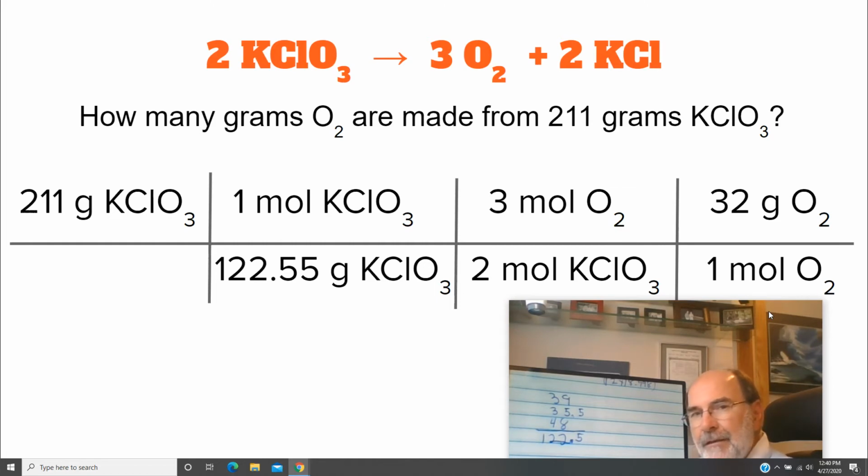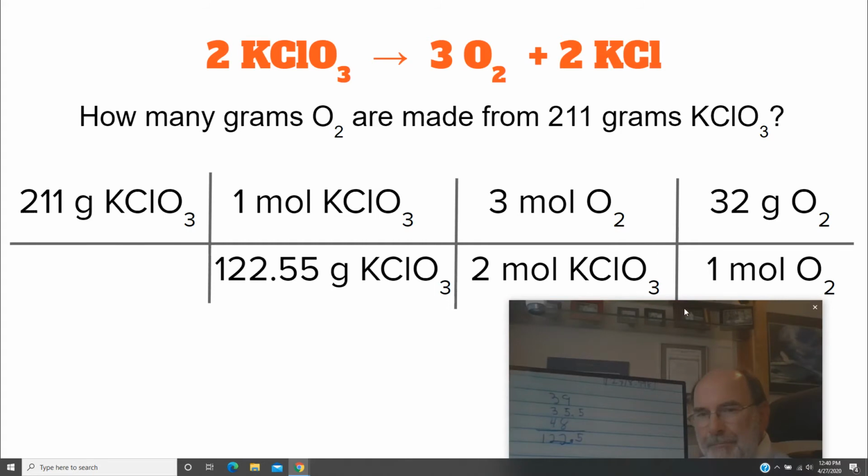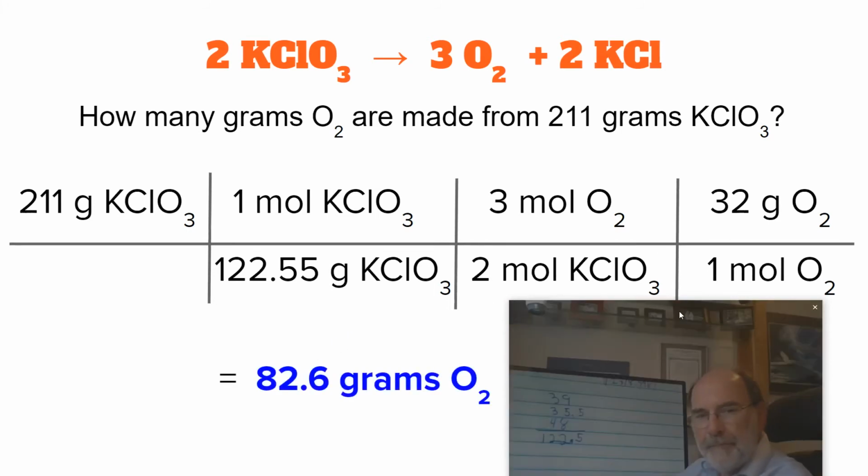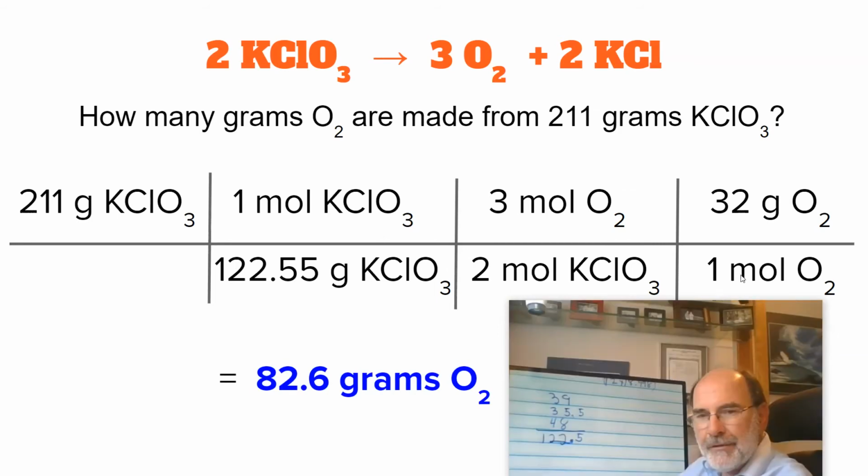And then finally, for every oxygen molecule, I have 32 grams for every mole of oxygen molecules. So, beep, beep, beep, we're expecting an answer close to 100, and 82.6 grams of oxygen is what we end up with.